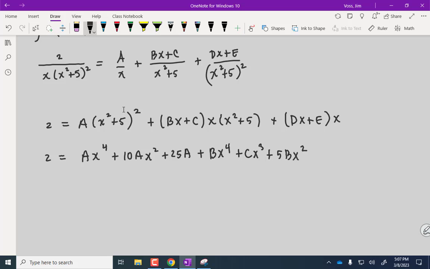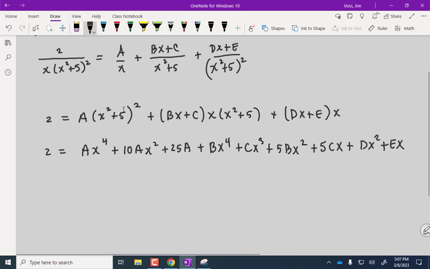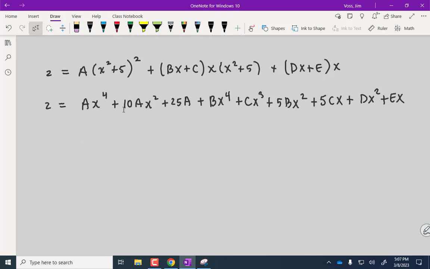And then c times 5 times x is 5cx. And then over here we have dx squared plus ex. Wow is right. I hated this problem, and I got it wrong the first time and had to redo it. At least you got it right the second time.